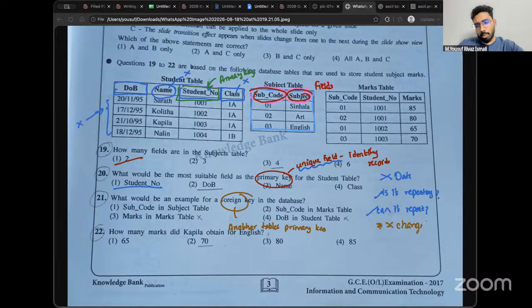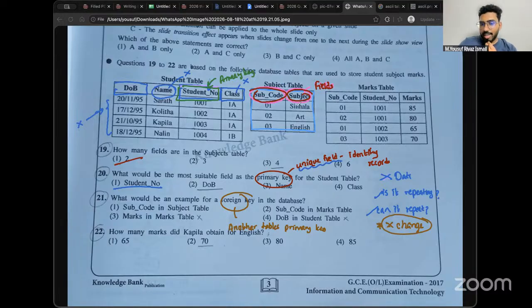Because if it changes, there could be problems. So the probability of changing should be very low. Normally, whenever we are using a primary key, we keep it as something that will never get changed or modified.